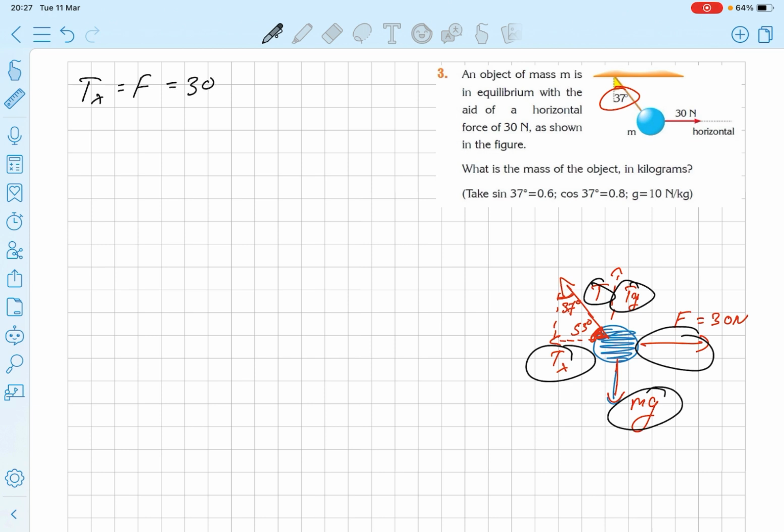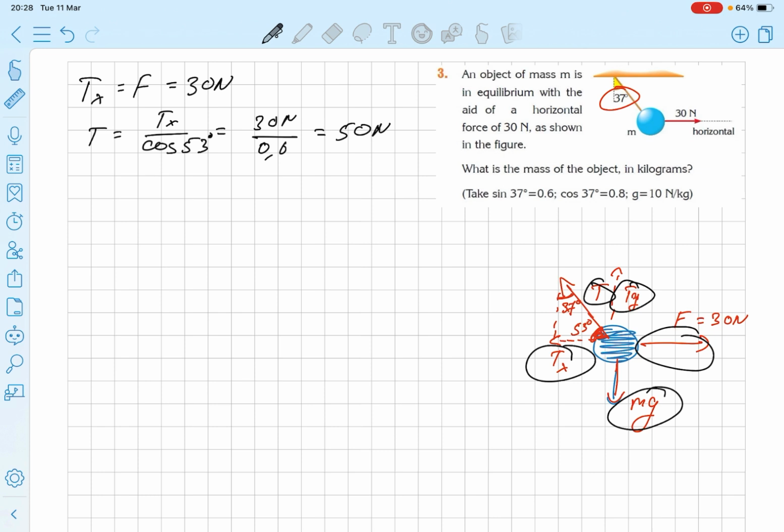So it is equal to 30 newtons. Next, the tension will be equal to tension by X over cosine of 53. Yeah, that will be 30 newtons over cosine of 53, which is sine of 37, which is 0.6, which is 50 newtons.